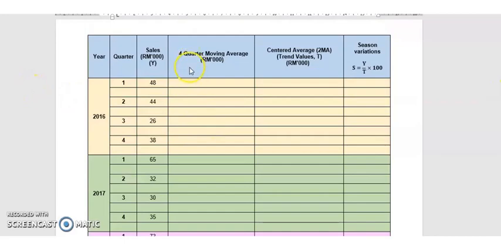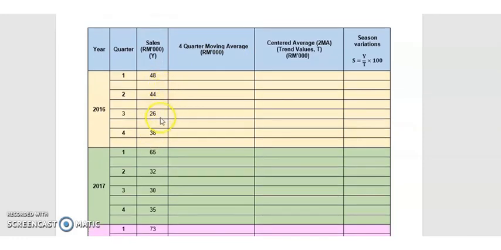Now look at how to find the 4 quarter moving average. Looking at these four values, 1, 2, 3, 4, the center will be between the second and third quarter. So here will be the first value of the 4 moving average. How to calculate it? Similar to simple moving average.